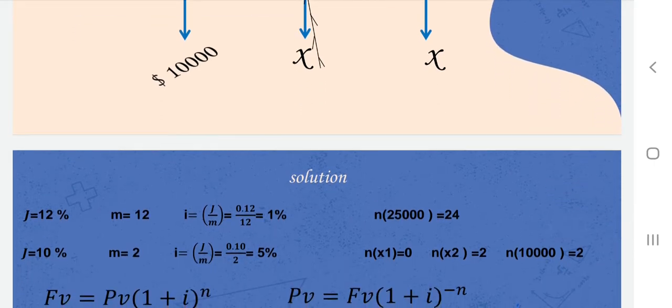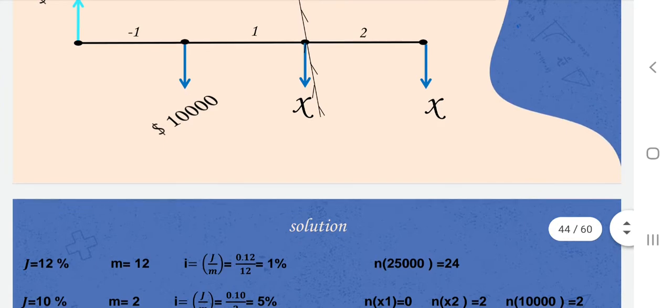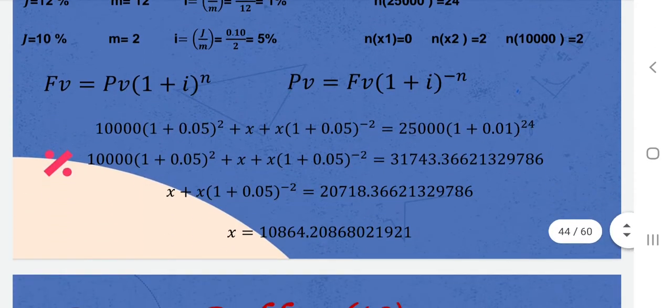And for new obligations he will use 10% compounded semi-annually, so M equal 2 and I will be equal 10% over 2 equal 5%. N for x1 equals 0, N for x2 equal 1 times 2 equal 2, and N for $10,000 equal 1 times 2 equal 2.